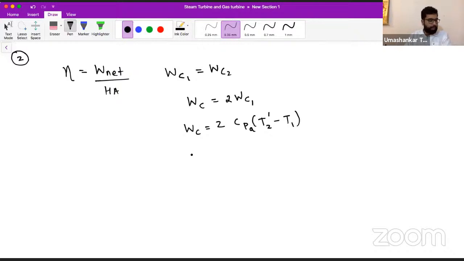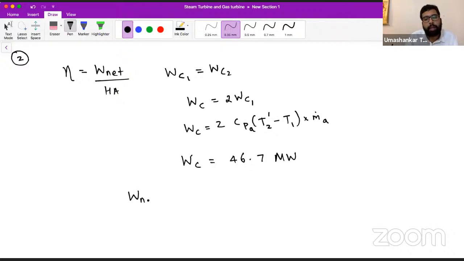If we calculate it, and we have the value of m dot A also, let us directly calculate in the form of power, in kilowatt or megawatt. It will come out to be 46.7 megawatt. I hope you can put the values of temperature and calculate. We have all the values. So the combined compressor work is 46.7.